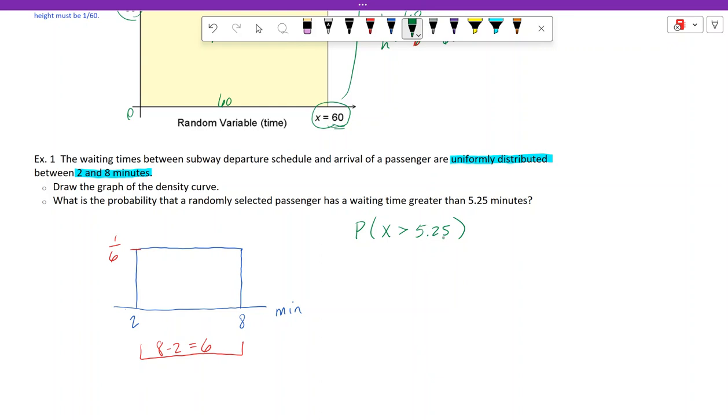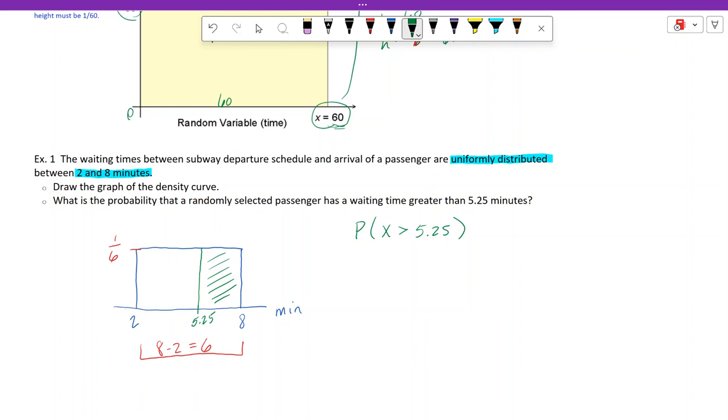So 5.25 has to do with the minutes of wait time. And I'm going to put on here a number in between 2 and 8 that represents 5.25 minutes. And I'm going to draw a brand new green rectangle here. And because I'm looking for probability of wait times greater than 5.25, I'm going to shade to the right of 5.25.